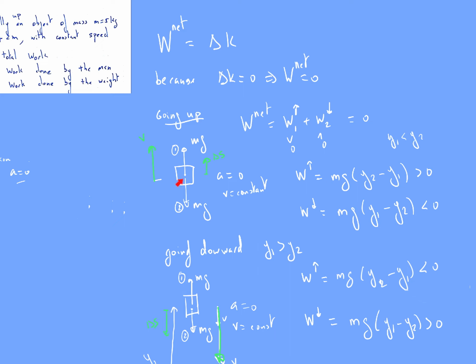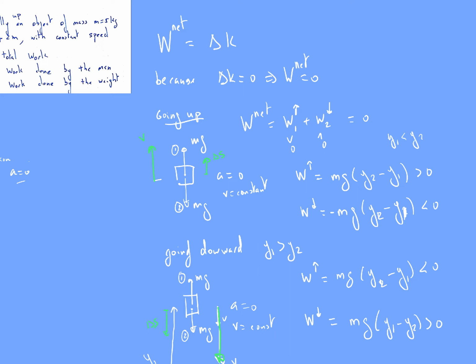What is the work of this force, of the weight mg? The displacement is in this direction. So the work is the force in the direction of the displacement. So the force is minus mg, and the displacement is y2 minus y1.